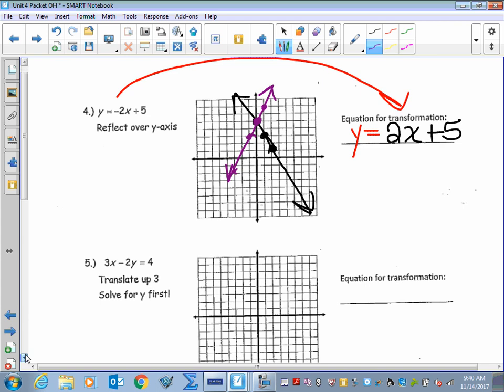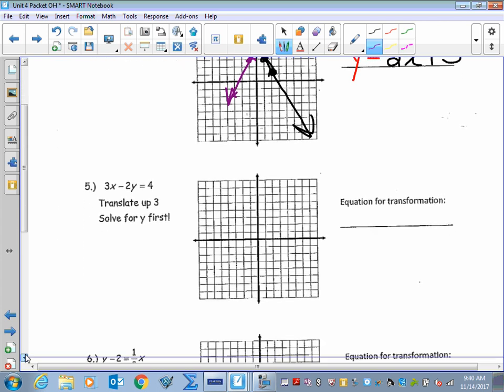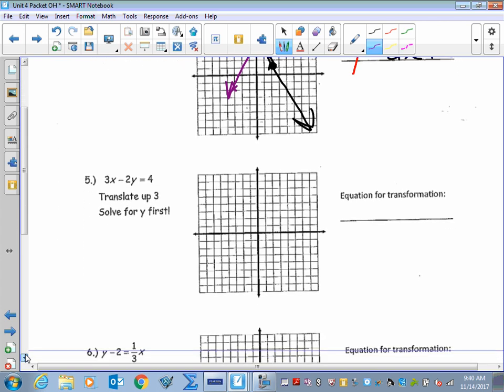All right, so let's take a look at number 5. In number 5, it has to be written in slope-intercept form first. So we do need to solve this equation for y. So let's solve this for y, and you can solve it on your own and then check with me to see if you have it correct.